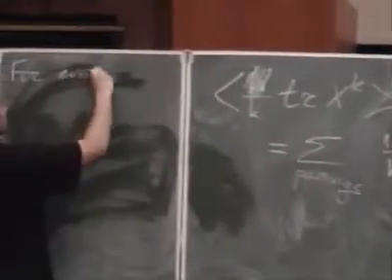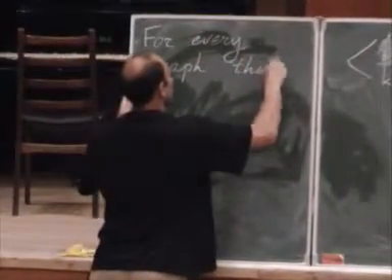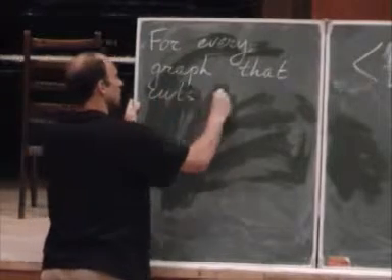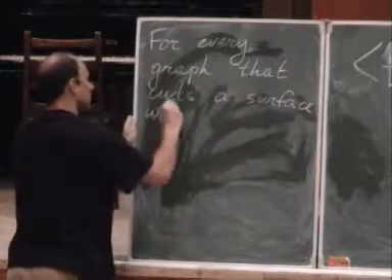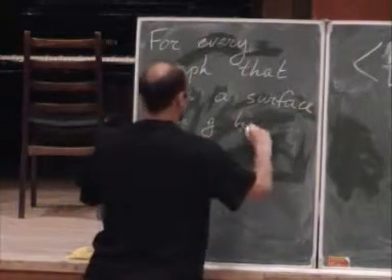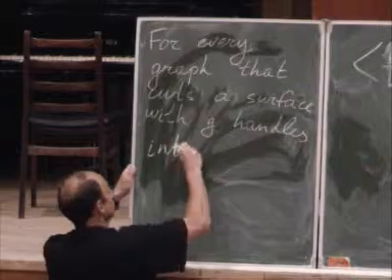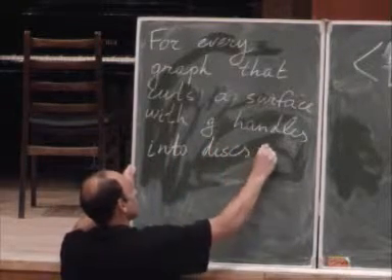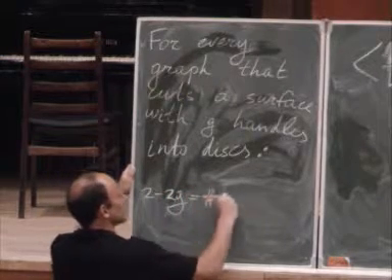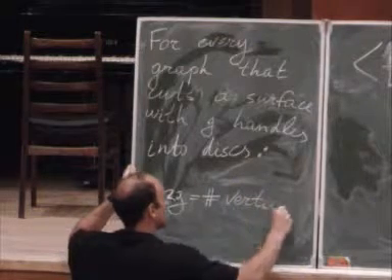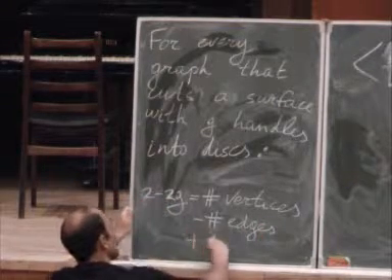So for every graph that cuts a surface with G handles into disks, we have 2 minus 2G equal to the number of vertices of the graph minus the number of edges of the graph plus the number of disks.